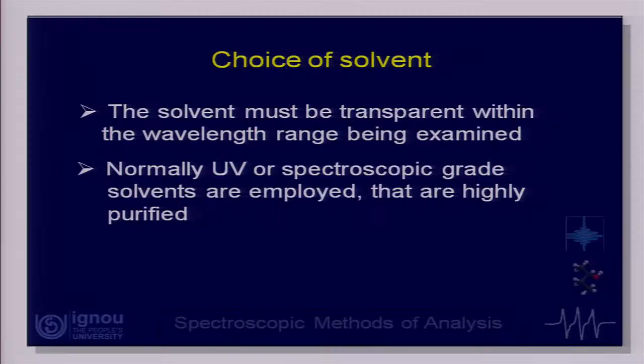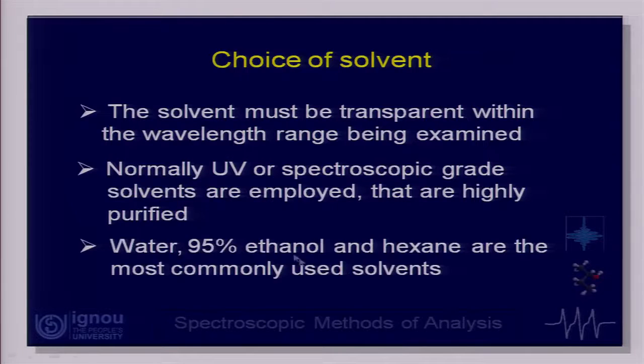So, I must ensure that the solvent I am using does not absorb the range of radiation I am going to make measurements on. The commonly used solvents are water, ethanol or hexane. They are commonly used for UV measurement, but as I mentioned before, we must use the spectroscopic grade solvents.